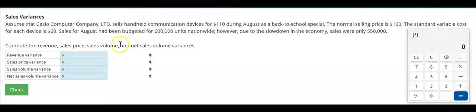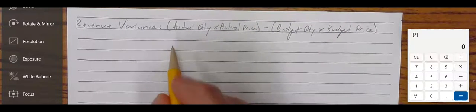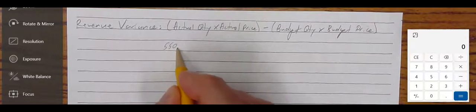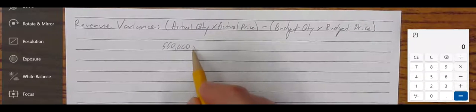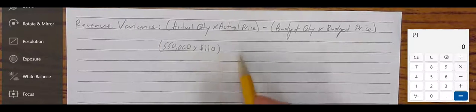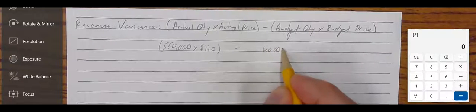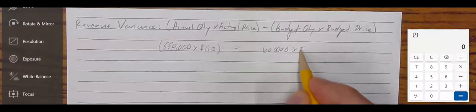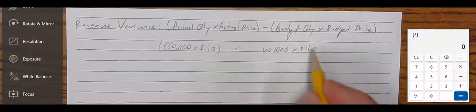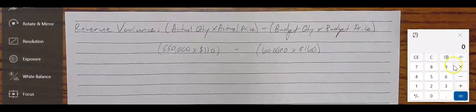For now we're not going to need any information on cost. So let's plug that in. Actual quantity was 550,000 units times the selling price of $110, and then we subtract a budgeted quantity of 600,000 units times a budgeted price of $160.